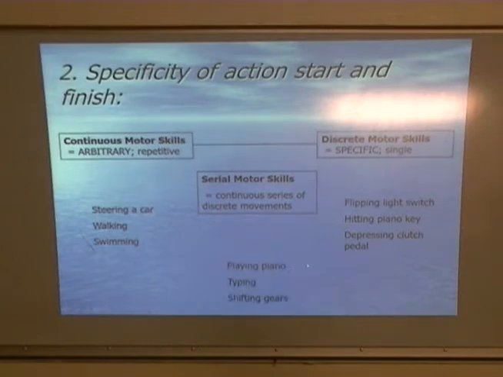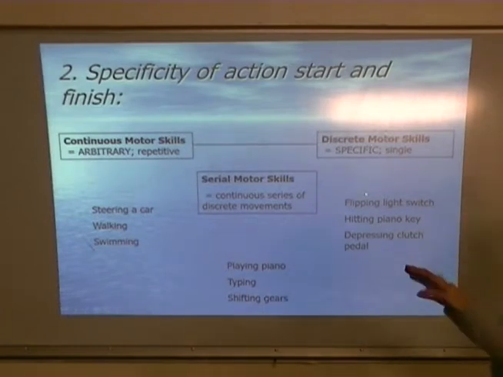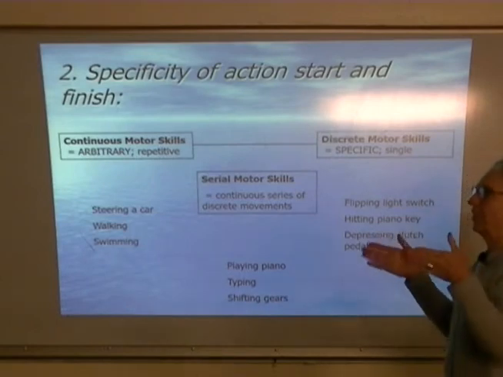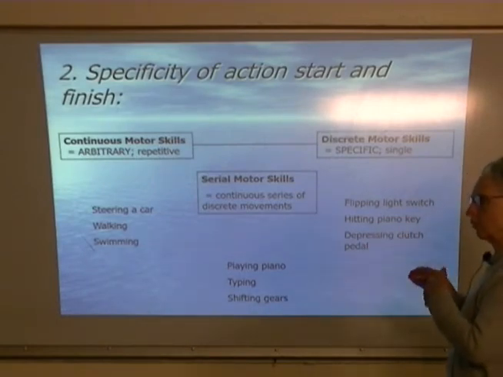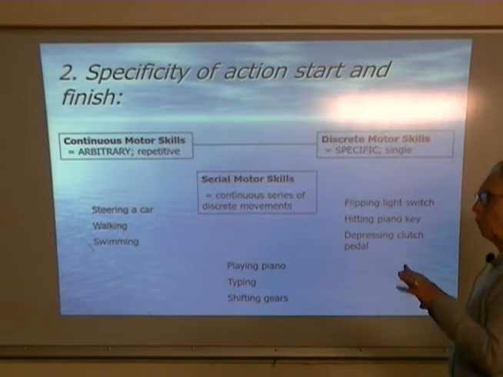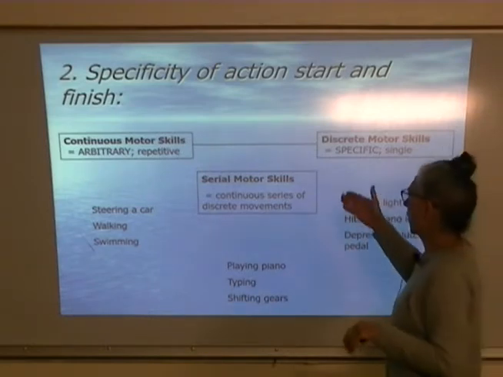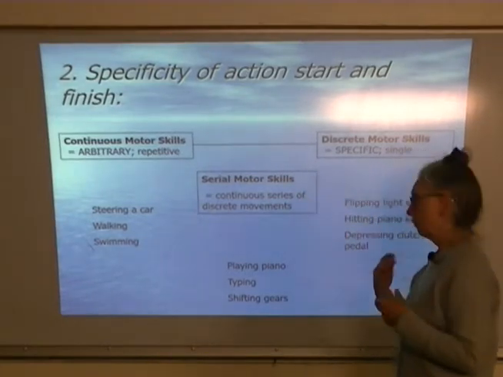A non-sport option here would be playing the piano. Playing one note is a discrete motor skill, but if I want to play a piece of music, I have to link together lots of discrete skills. So playing a piece of music would count as a serial motor skill.